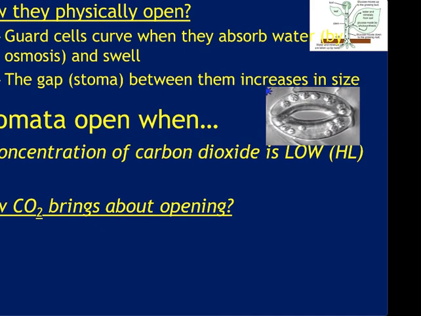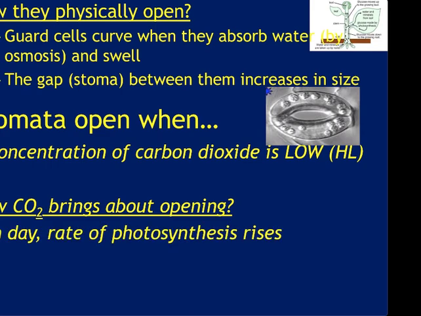We've said if you can relate photosynthesis and what's going on, then that will help you with the reason why they're opening or closing. So why might your concentration of carbon dioxide be low? If a plant is photosynthesizing, it is using up carbon dioxide.